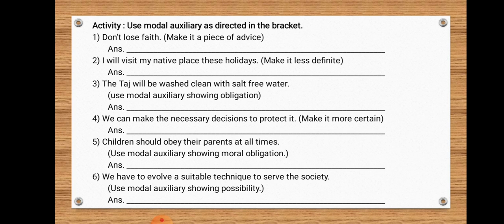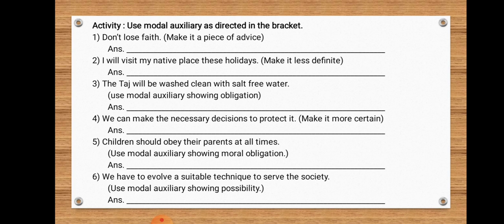So dear students, you have to remember that can is used for ability, must is used for obligation, ought to is used for moral obligation, may is less definite or possibility, will is definite and certain, should is used for advice, and would shows probability.